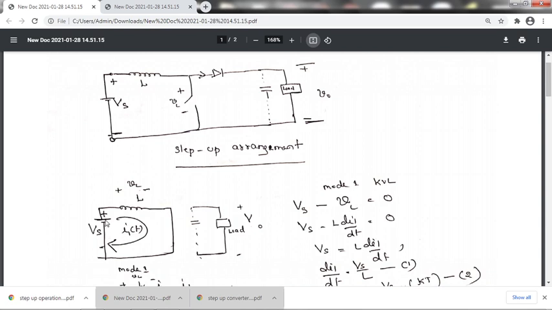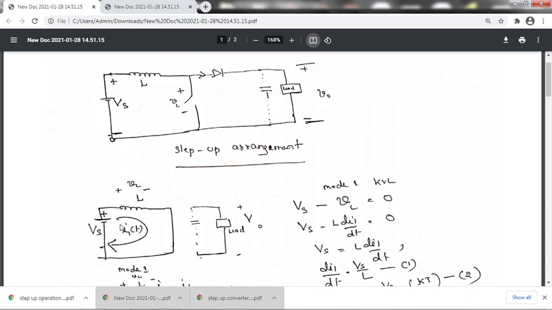The current from this source is flowing through the inductor, or else I can say that the energy available on the source side is given to the inductor. The current is flowing in this path. So EMF is induced in the inductor, and this EMF is in such a way that it is opposing the current flow.